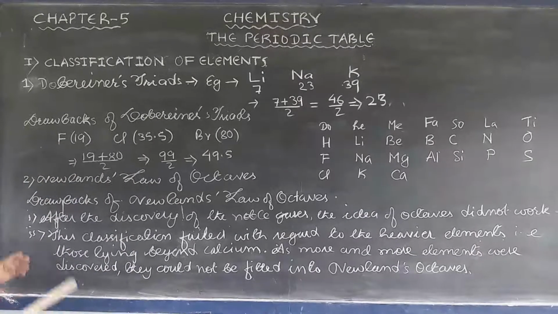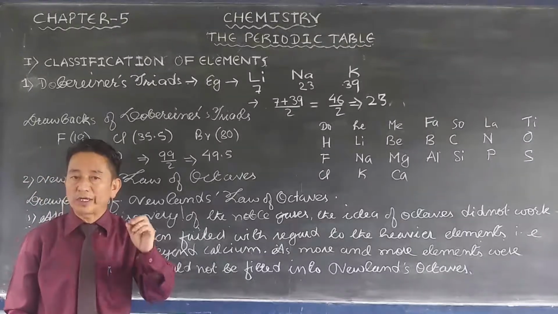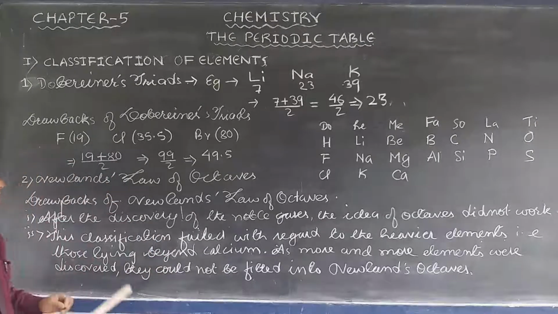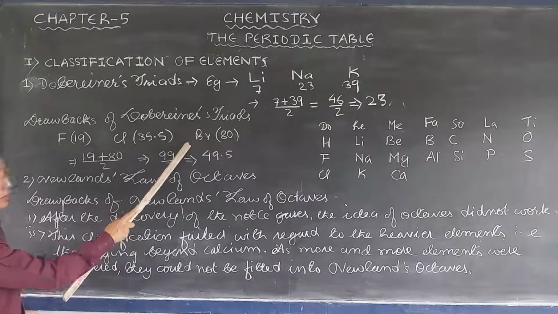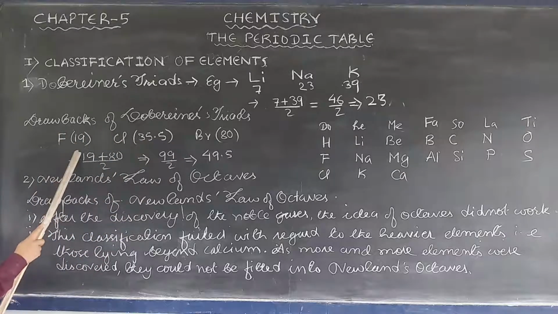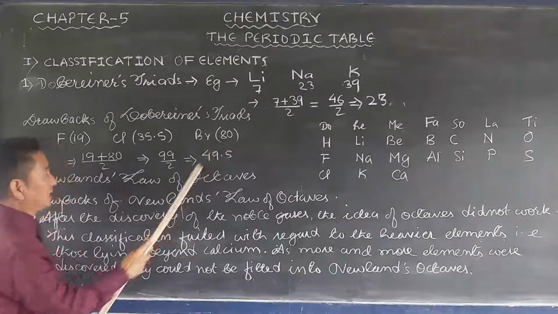Now the second one: this idea of classification does not work even in the same group, as in the case of halogens. Here, fluorine, chlorine, bromine. Fluorine atomic mass is 19, chlorine is 35.5, bromine is 80.